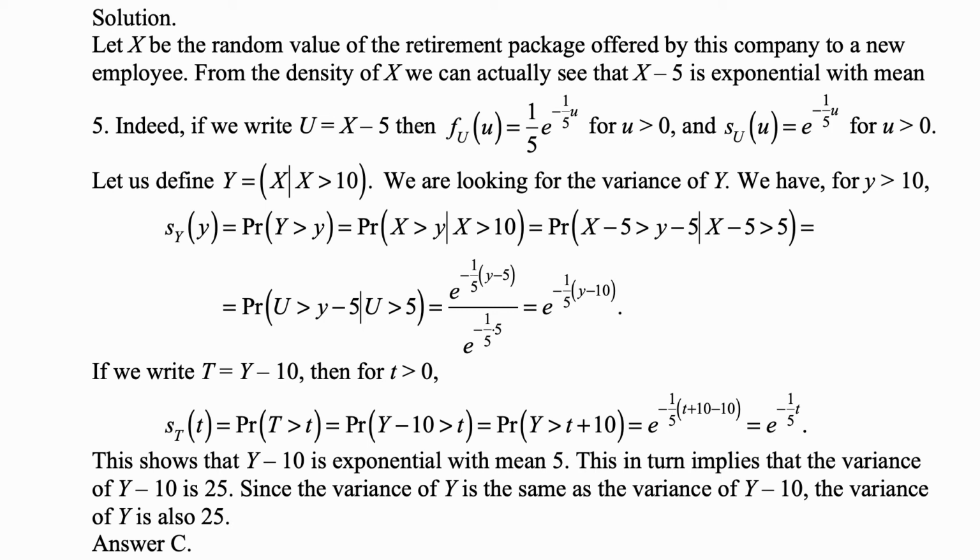And that's equal to e to the minus 1/5 times y minus 5 over e to the minus 1/5 times 5. And so that's e to the minus 1/5 times y minus 10.